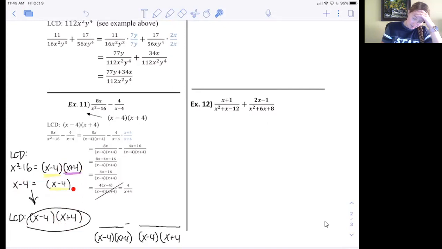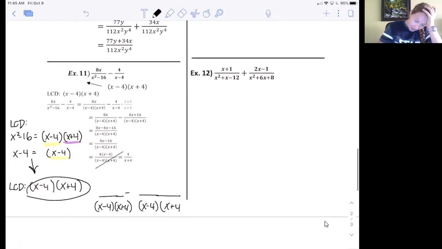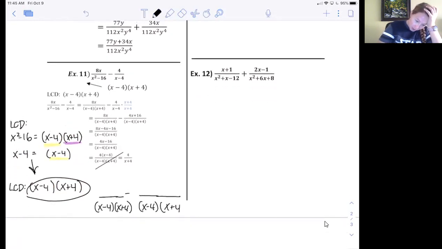I need to times this one down here by whatever is different. And I need to times the whole fraction. So I'm going to look at whatever fraction has the x minus 4, which is this 4 over x minus 4. And now I need to times the whole thing by x plus 4 over x plus 4.